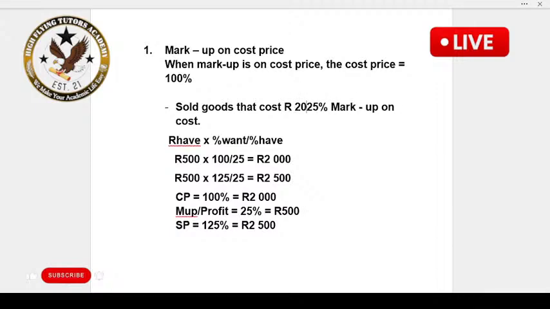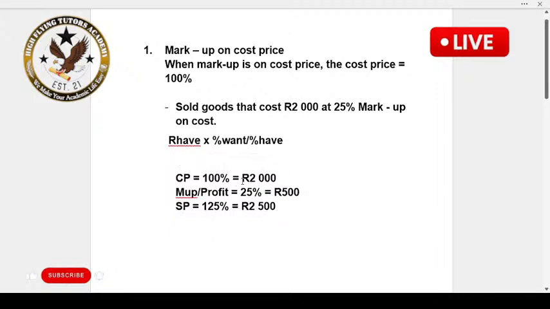Let's say you sold goods that cost you 2000 when you purchased them at 25% markup on cost. Let's say the question comes like this: sold goods that cost 2000 at 25% markup on cost. So now it means in this case you have 2000 right there.